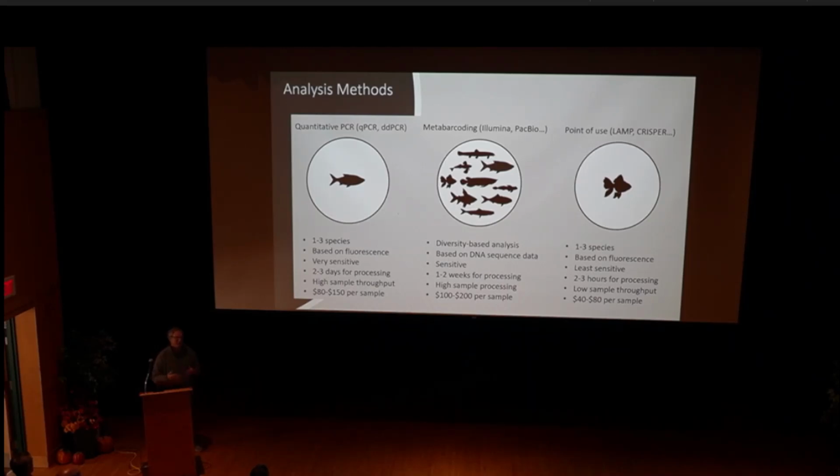So a lot of kind of names that's attached to it is metabarcoding. And then I've got point of use. Those are a little bit different. There's LAMP assays, CRISPR assays, a lot of different things going on there. Some of them are qPCR based. But we're going to break it down for each one of these based on a couple of different parameters.